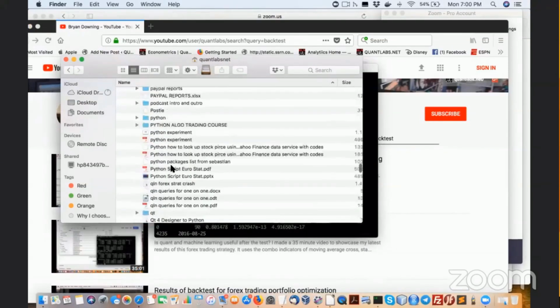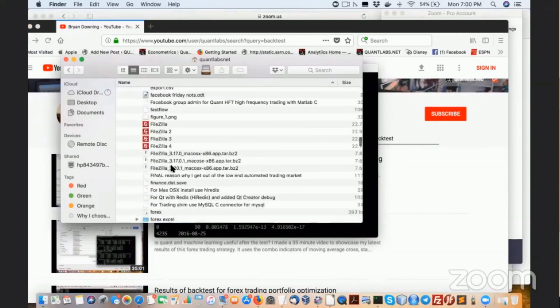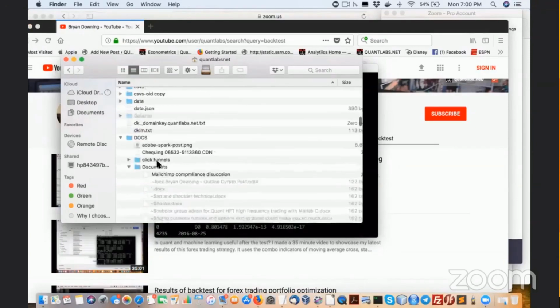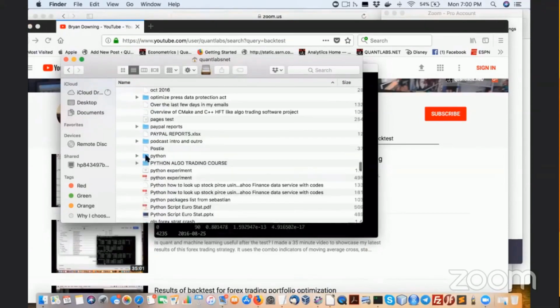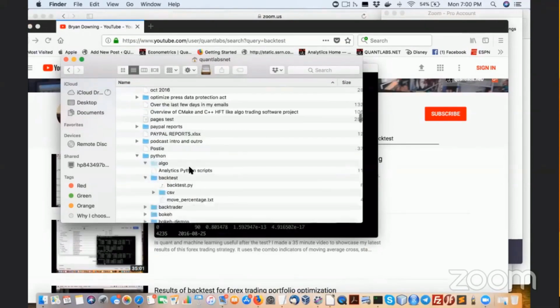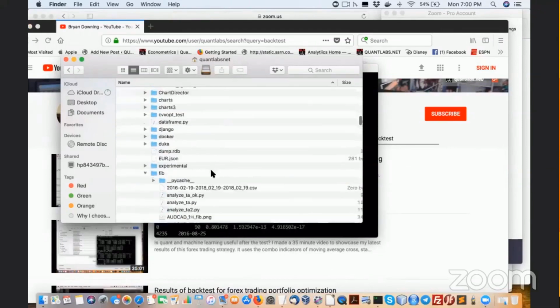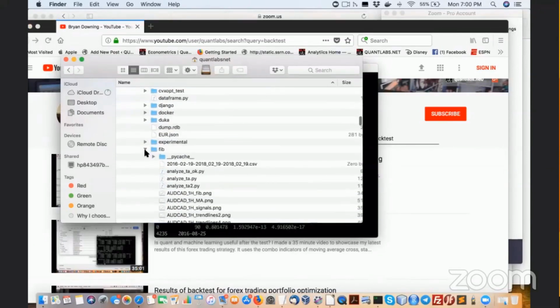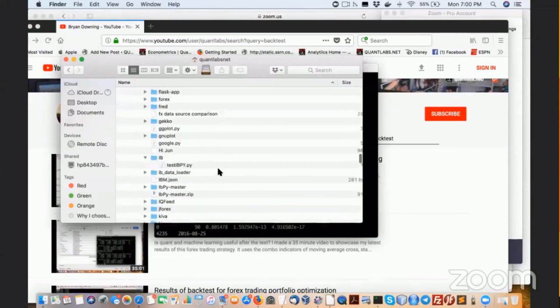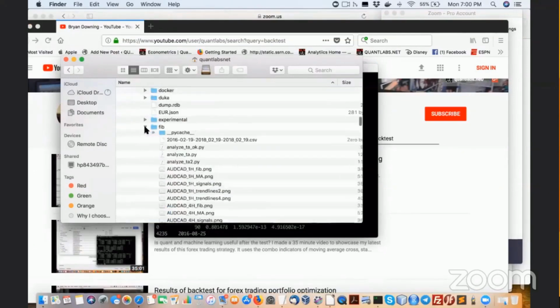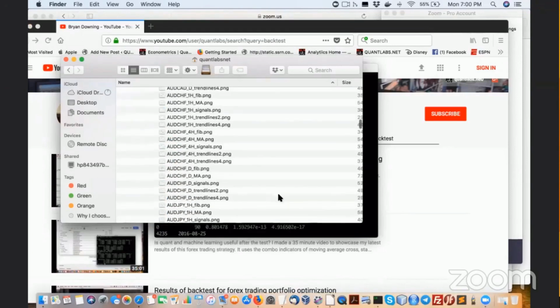Just give me a second while I pull up some spreadsheets for you. Now, all this is done in Python. The data comes from the JForex Dukascopy platform. Again, I've got videos that will show you how to grab that data, so I'm not going to get into it here. And let me just show you what I've built.